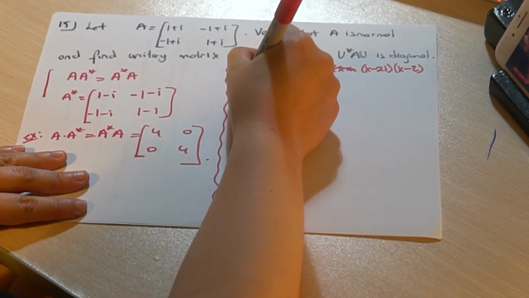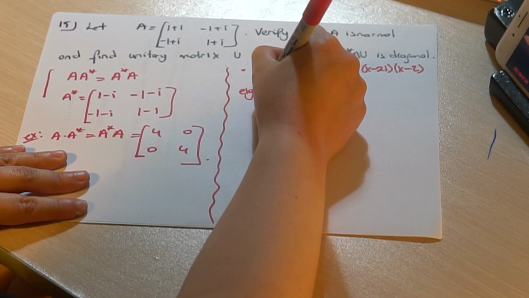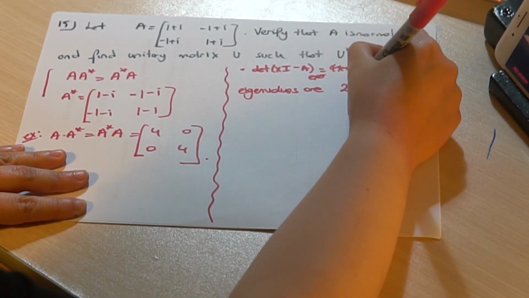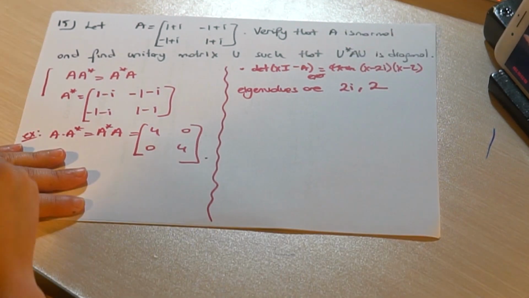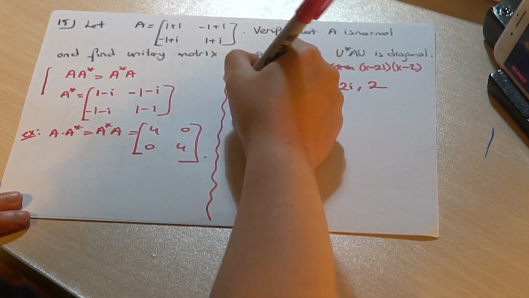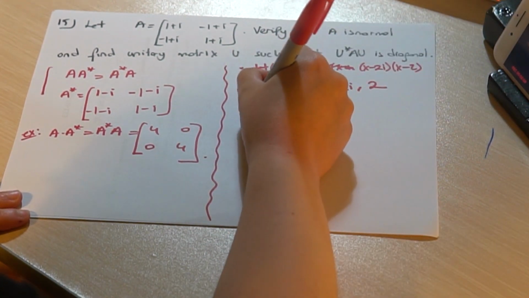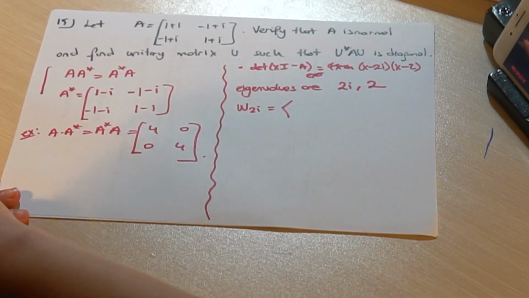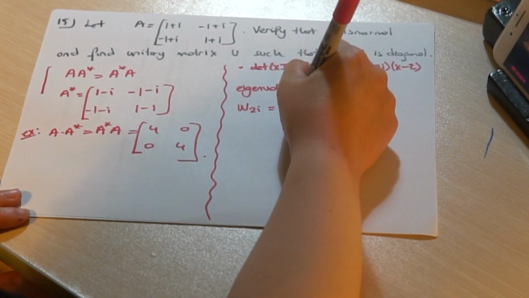So the eigenvalues are 2i and 2. And if you try to find the eigenvectors, you will find the space for lambda 2i will be equal to the space generated by (1, 1).